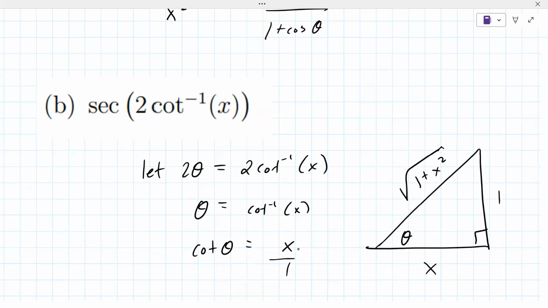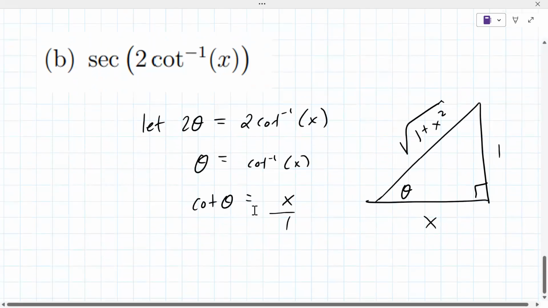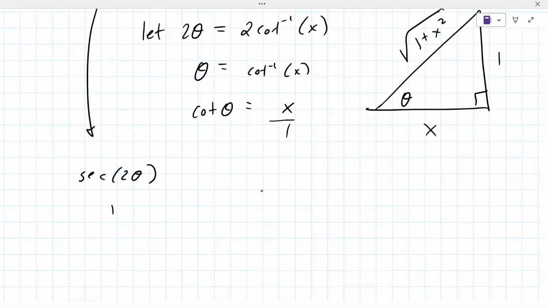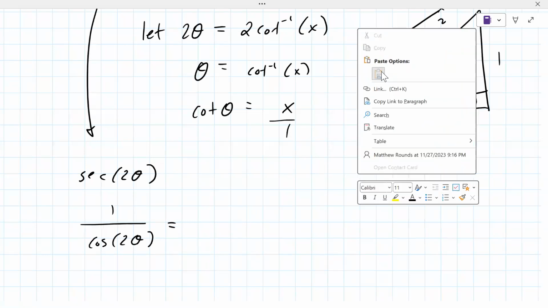That's the Pythagorean theorem. Now you're looking for secant of 2 theta, which is really 1 over the cosine of 2 theta. And if you look in your reference sheet, you're going to have 3 flavors of cosine 2 theta. So you pick the one that works best for you to go in the bottom. It depends on the problem which one would be best.